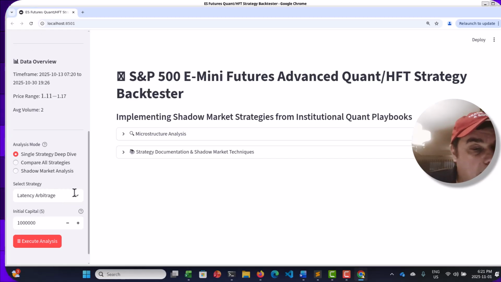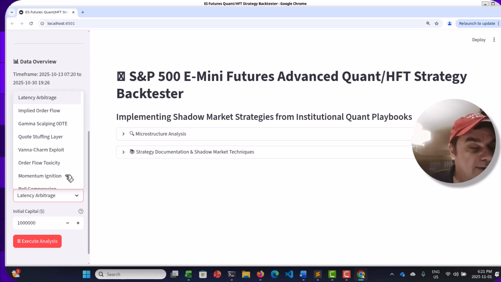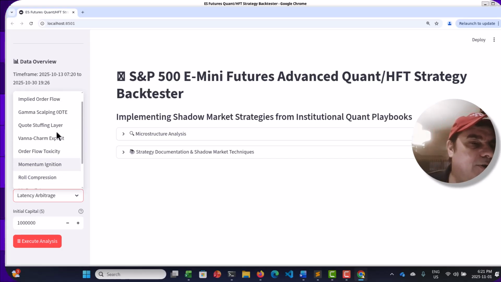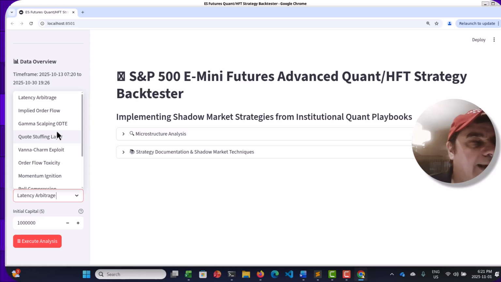So in here, we've got the different strategies. There's about 10 of them: Shadow pool infiltrator, ML predictor, roll compression. These are all as close as the AI can generate to the logic that I give it. And if you look at those posts, they're quite detailed, so a lot of the detail and the data is not available.